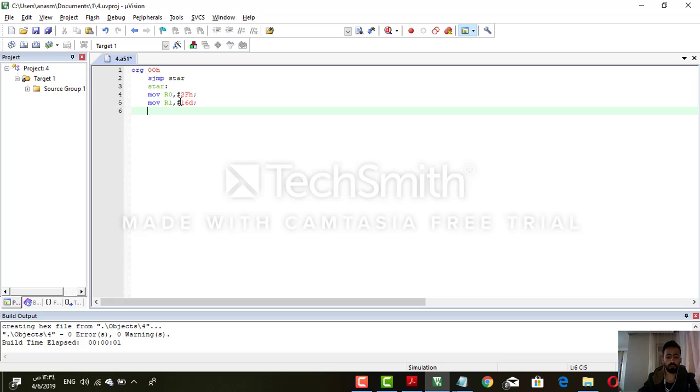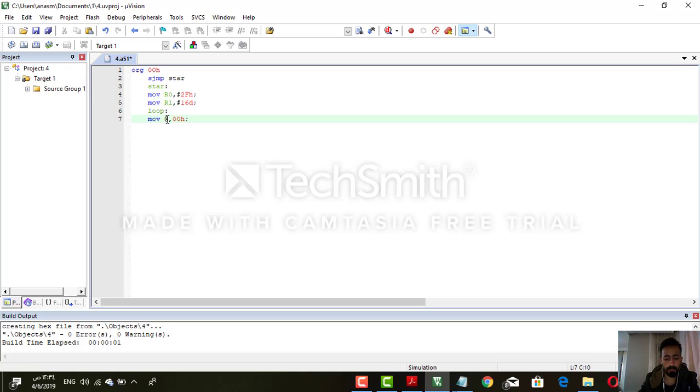And we will start our loop. So we are now in the loop. What we will do is clear the address which is pointed by R0. I mean, move 00 hex to the address which is pointed by R0, which is 2f hex.